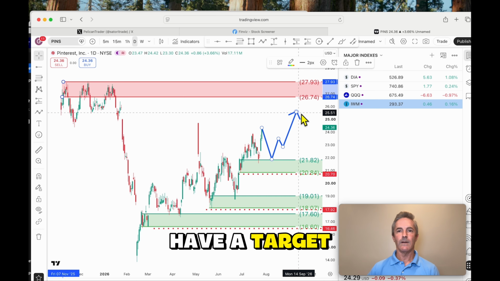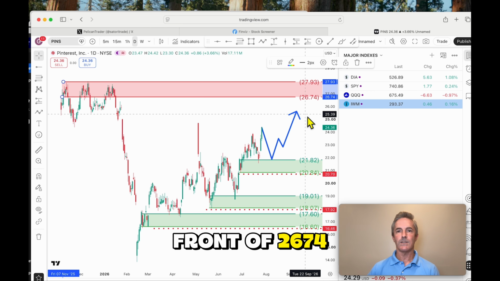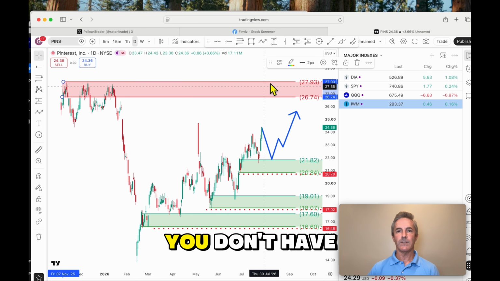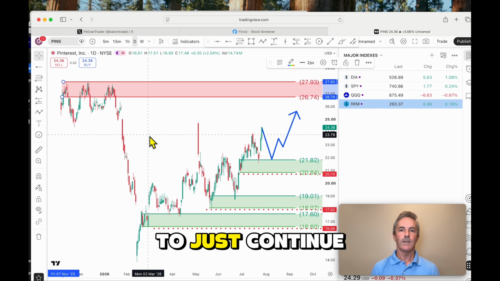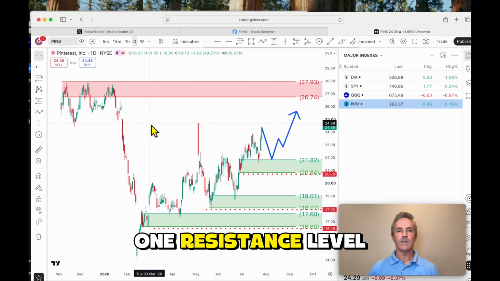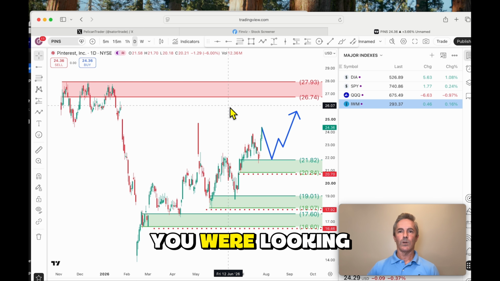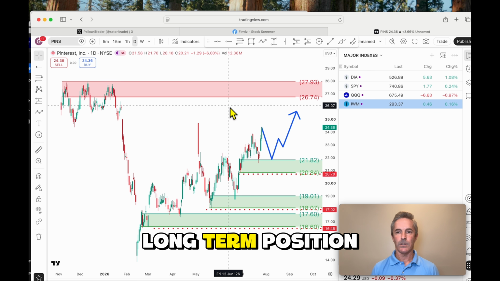So you could have a target, if you're a fast trader, somewhere just in front of 2674. If you're a long-term investor, you don't have to pay as much attention to that because you'd be patiently waiting for this company to just continue to perform and work its way higher. But there are three support levels, one resistance level to consider if you were looking for either a quick bounce trade or a lower price for a long-term position.